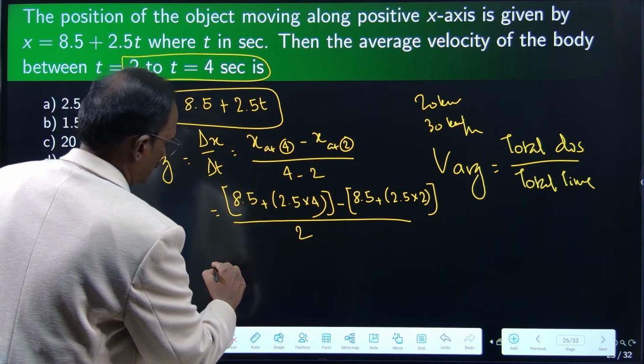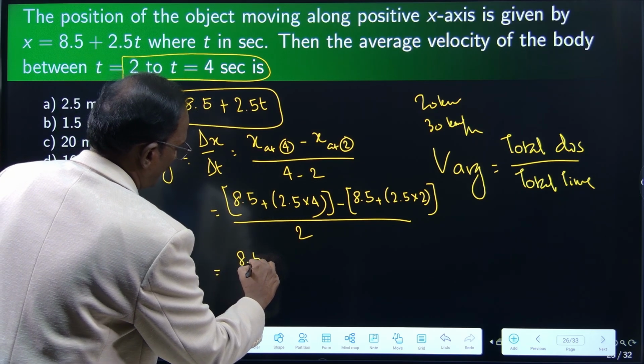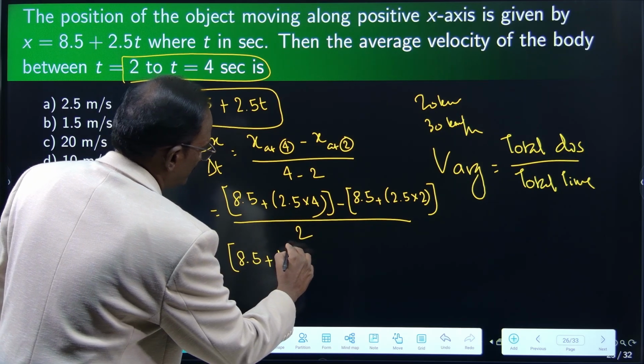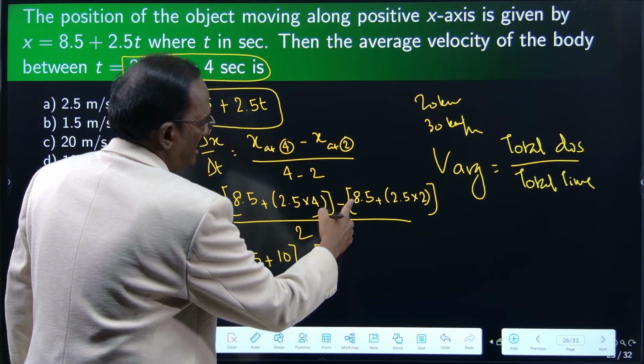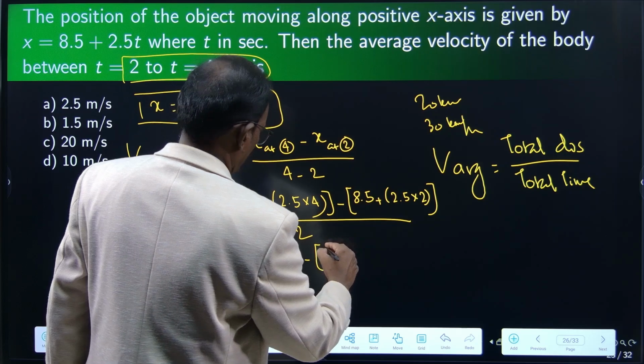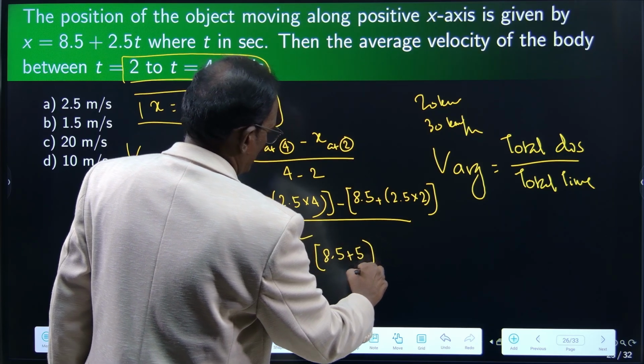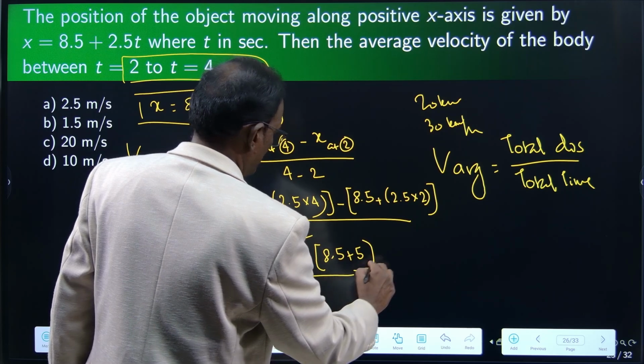So this is 8.5 plus 4 into 2.5 is 10, minus 8.5 plus 5, divided by 2.